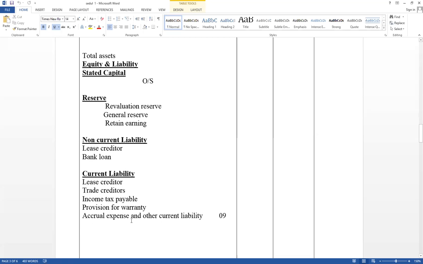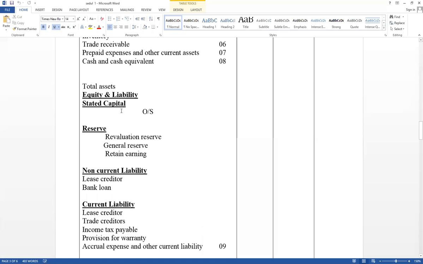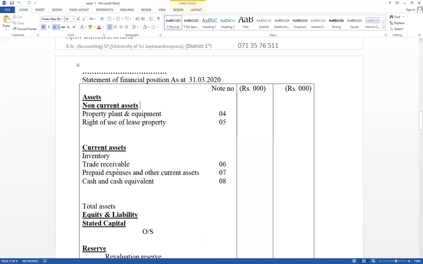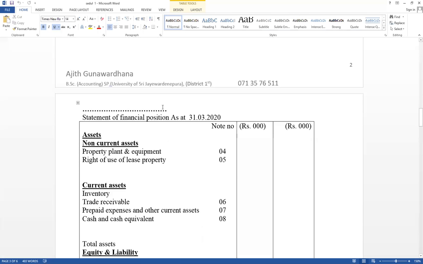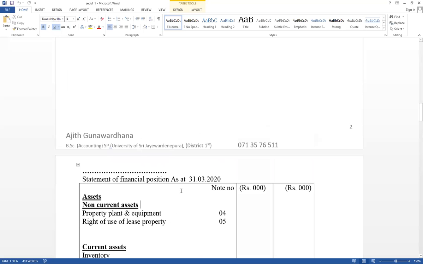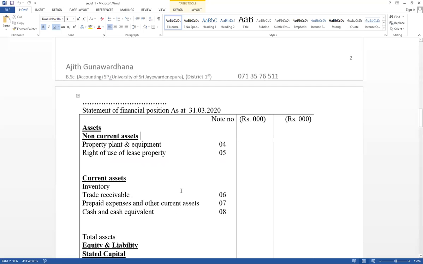All other liabilities should be included in a separate note as accrued expense and other current liability. Assets and liabilities should be recognized separately, current and non-current, based on going concern concepts. Assets also like that. And the name of the business should be written based on entity concepts. And statement of financial position as at 31st March 2020, like that you have to write based on periodicity concepts. Right, those are the formats you have to apply.